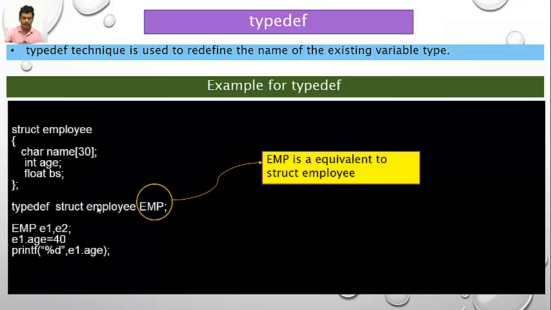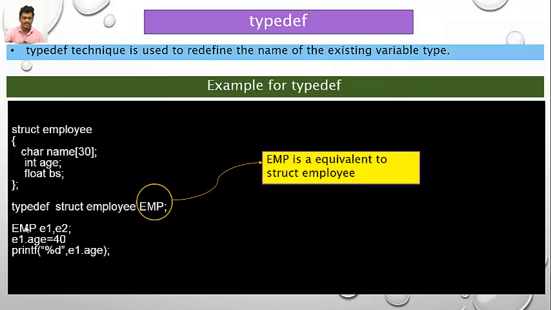If we want to declare structure variables, we just put EMP E1, E2. It is not necessary to write struct employee E1, E2. We simply write EMP E1, E2. So EMP is a typedef name. This is also similar to a macro.